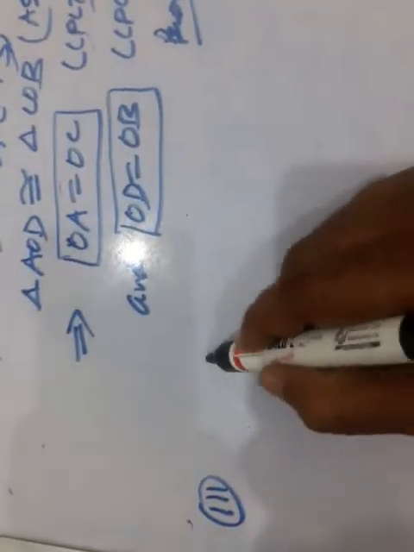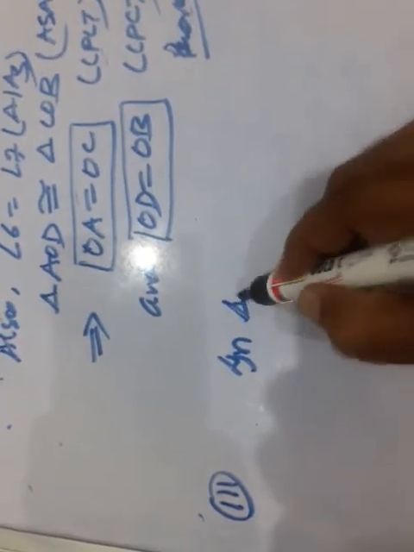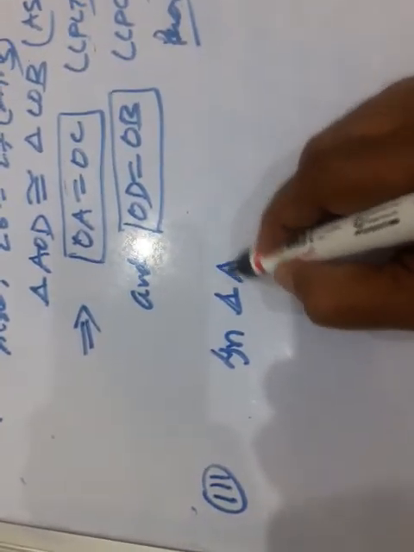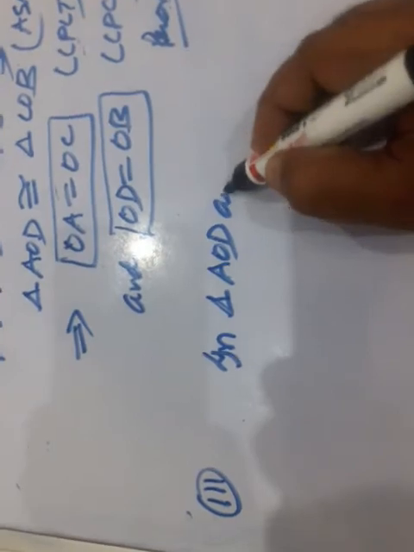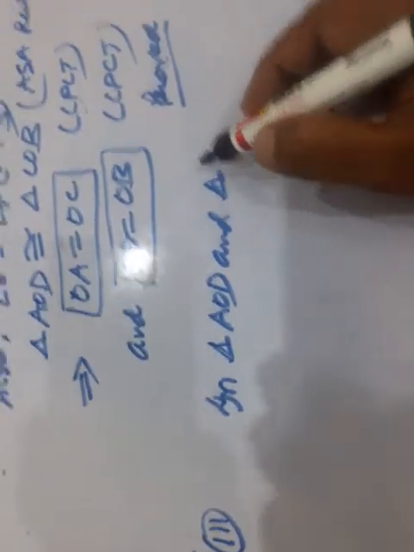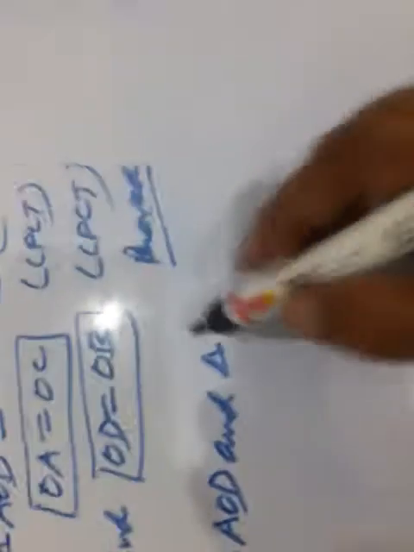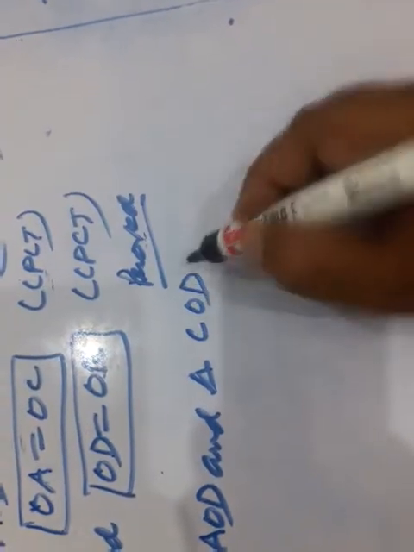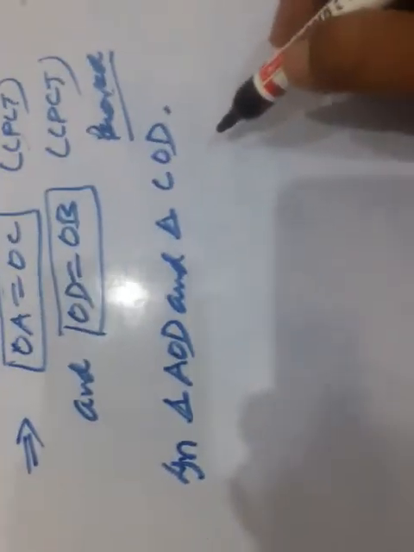Now for the third part, in triangle AOD and triangle COD, what do we have, children?